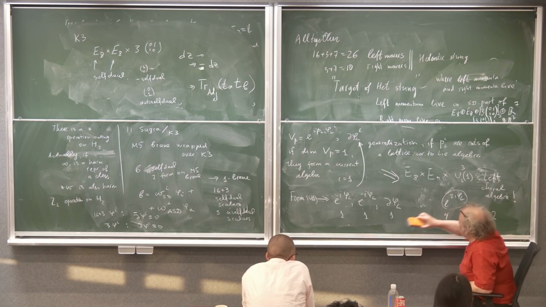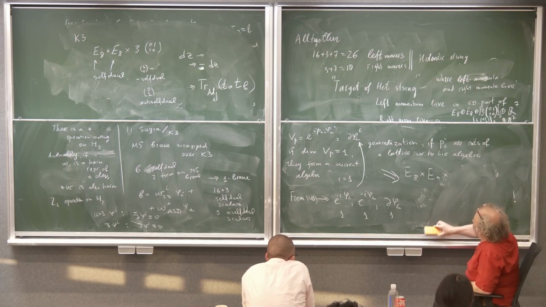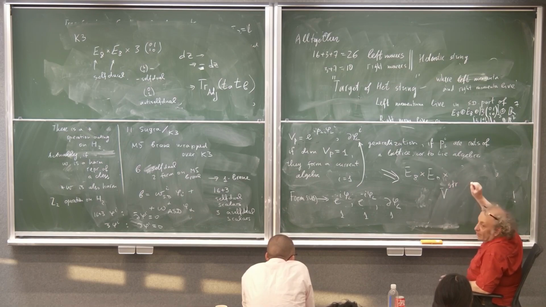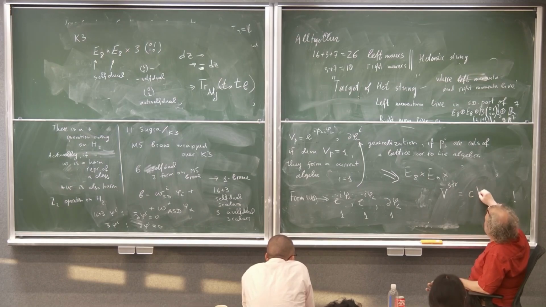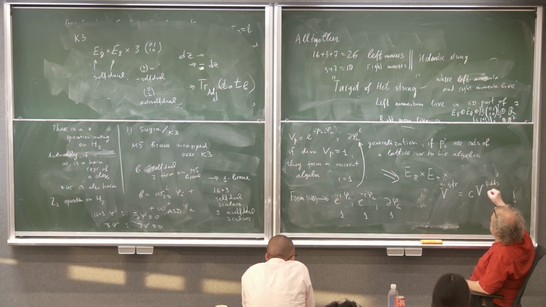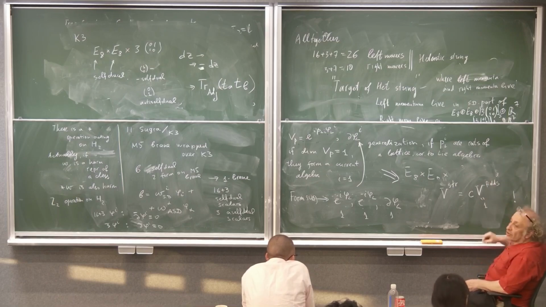Because vertex operators in, say, bosonic string theory are c times V in terms of fields. So here you want dimension 1, because c has dimension minus 1.